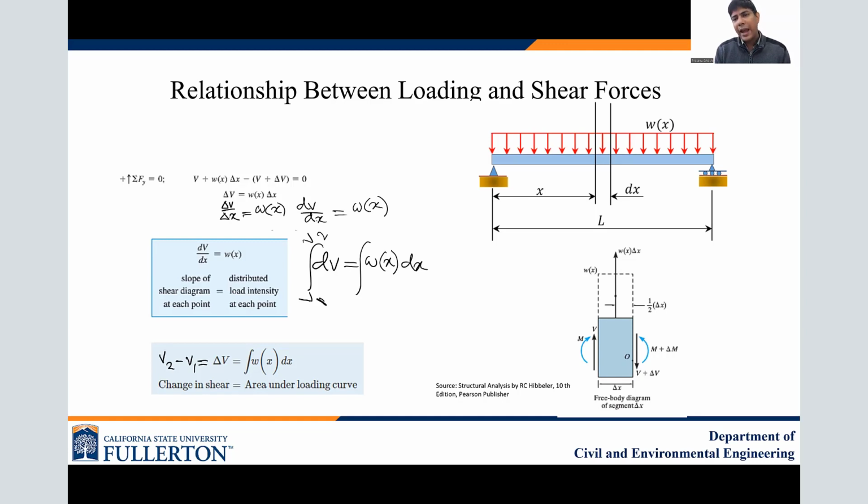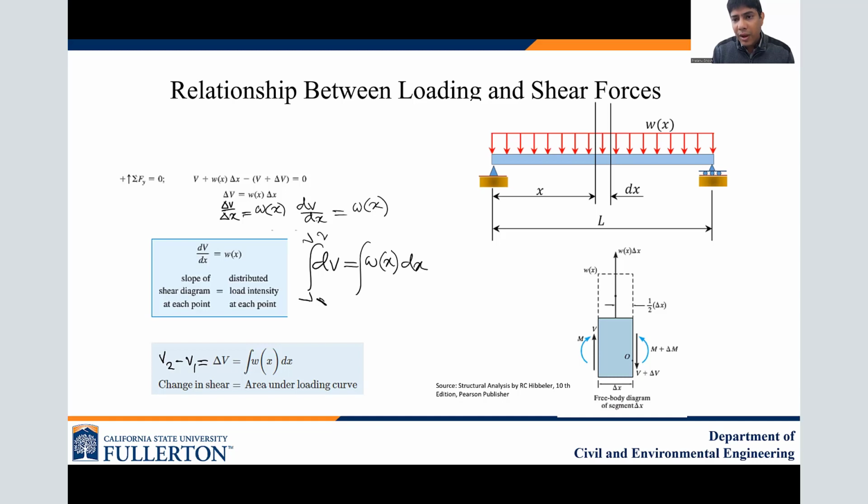For that, we are going to pick up one infinitesimally small element at a distance X, as you see in the top picture, which has a length of delta X or dx, and then we blow it up below so that we can analyze all forces and moments in that infinitesimally small element.